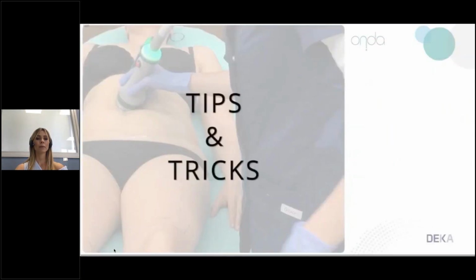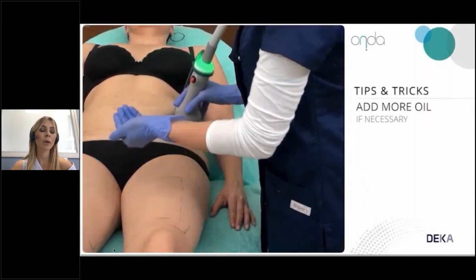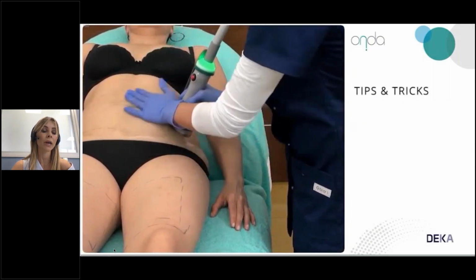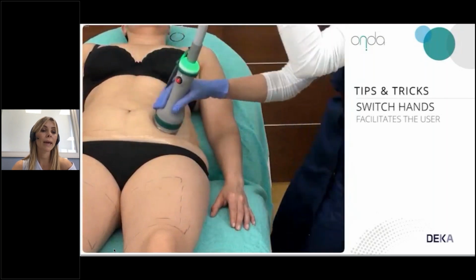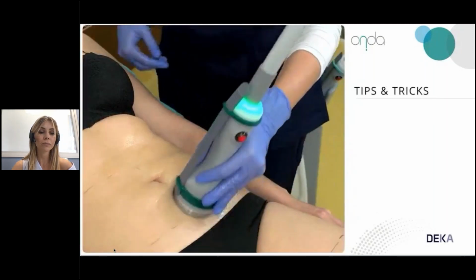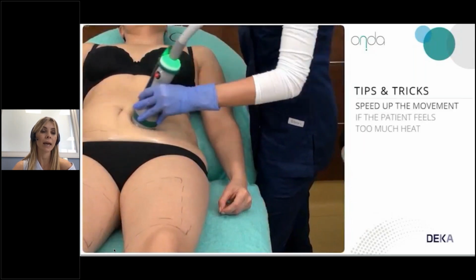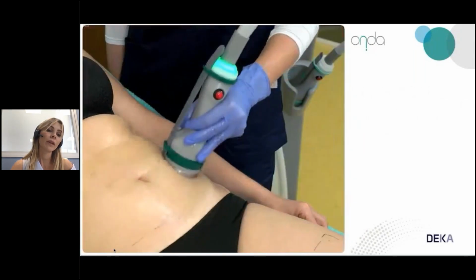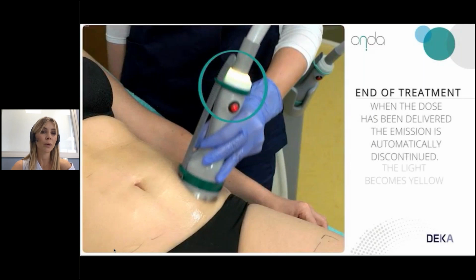Well, in case the patient does not tolerate our treatment, before reducing the power, before reducing the parameters, we have to add some Vaseline oil. We can go faster. We can eventually switch off and slide only the cooling. If the patient continues not to tolerate our treatment, we have to decrease the power.